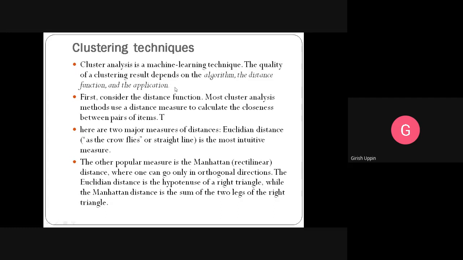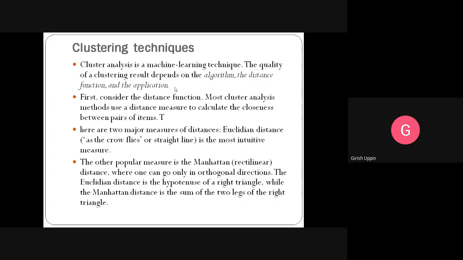So first we are going to consider the distance function. Most cluster analysis methods use a distance measure to calculate the closeness between pairs of items. Using that distance function, we can find how close two objects are, and they can be put into one cluster.